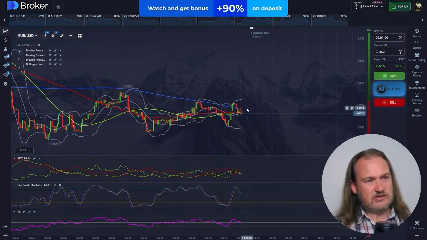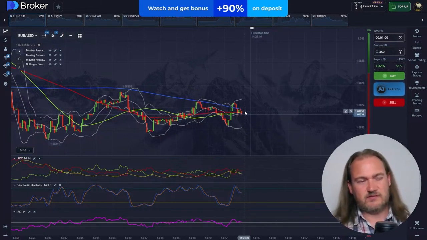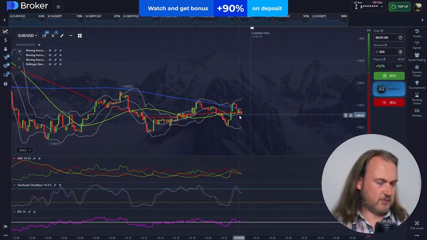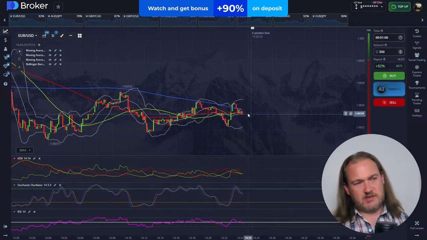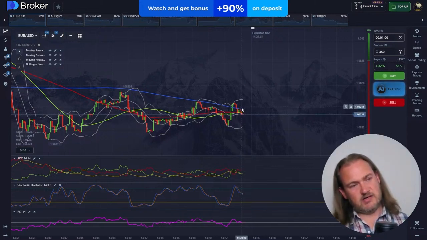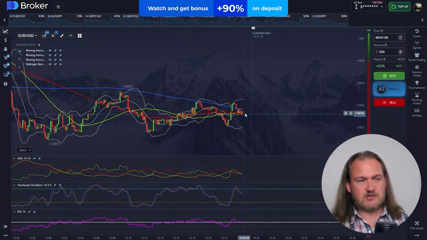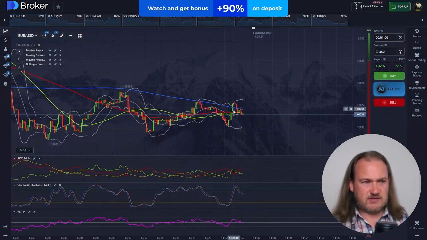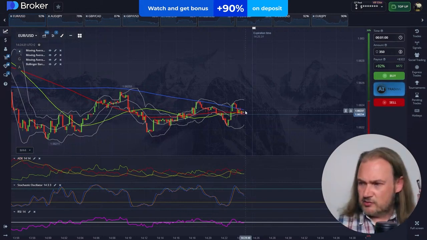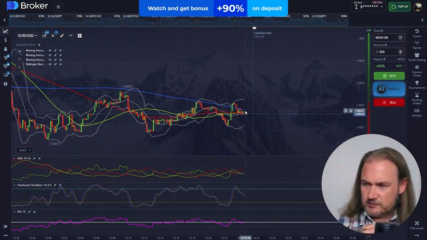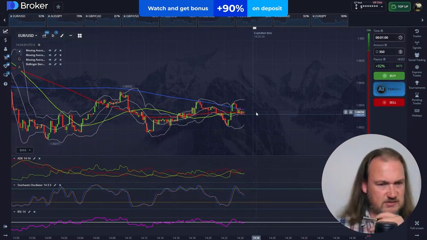Okay, so we're gonna have to wait to see what price does here. We've got my Bollinger Bands, the middle line, and my 3 moving averages coming together here, and price is staying in this area. So we are 6 minutes away from the data release.